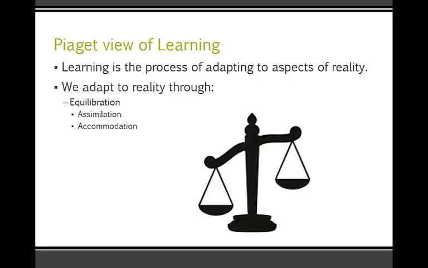Your book talks about both cognitive disequilibrium and cognitive dissonance. Both of those terms are commonly used for this. Sometimes in science, we'll see people talk about using discrepant events to achieve this.